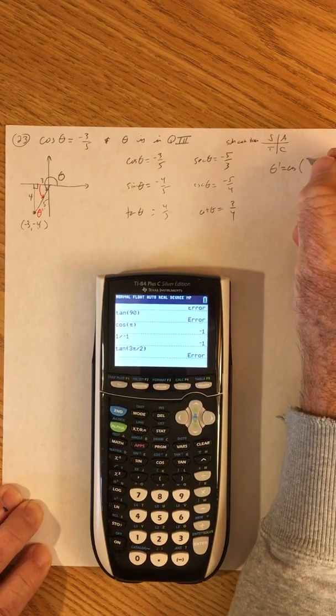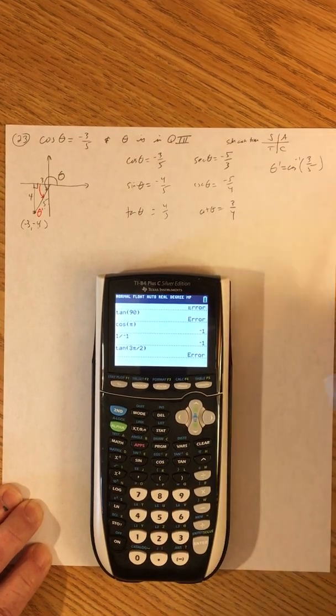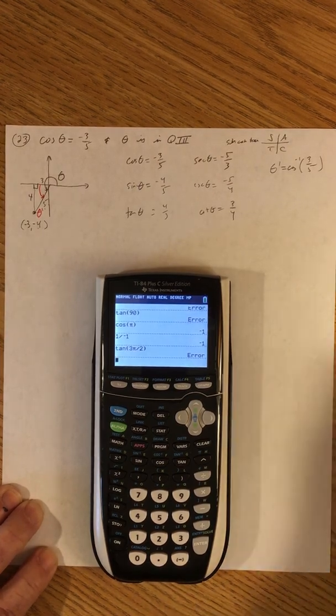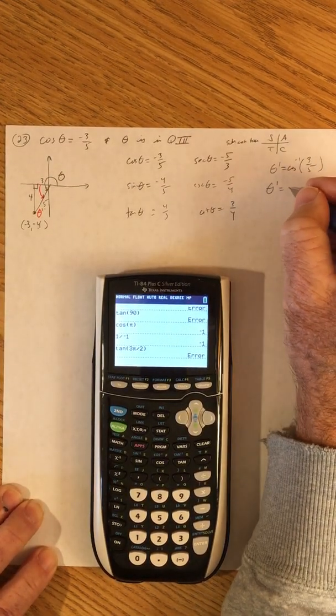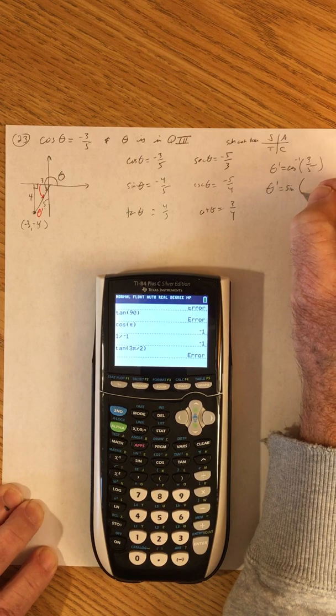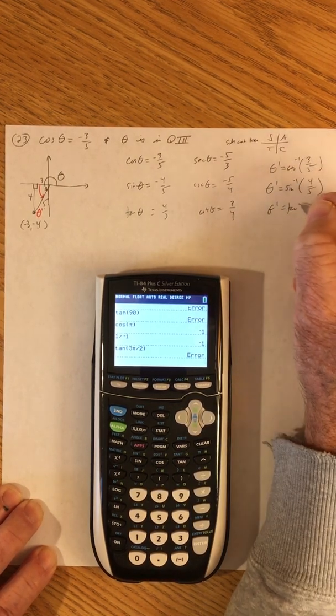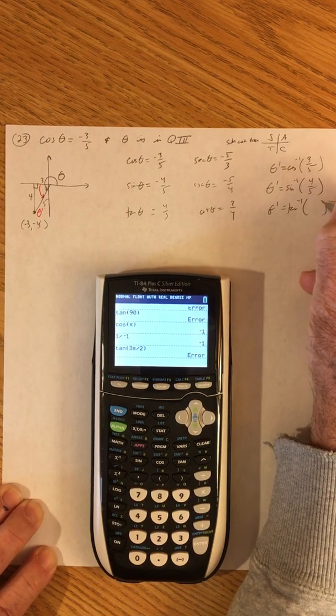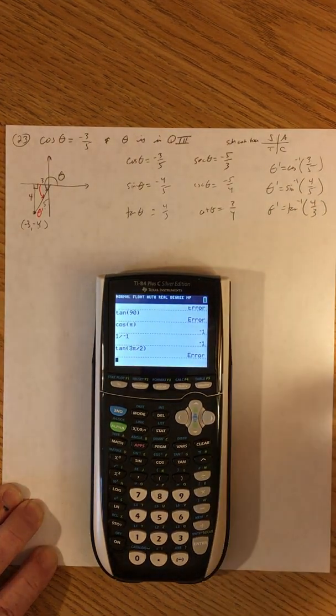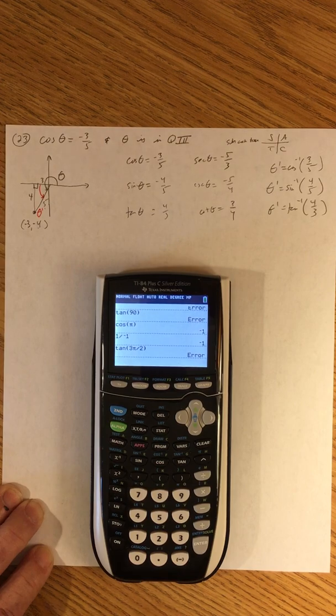I'm going to use positive 3/5. I could also find theta prime by the inverse sine of positive 4/5 or the inverse tan of positive 4/3. Any one of them is going to get me the theta prime that I'm looking for.